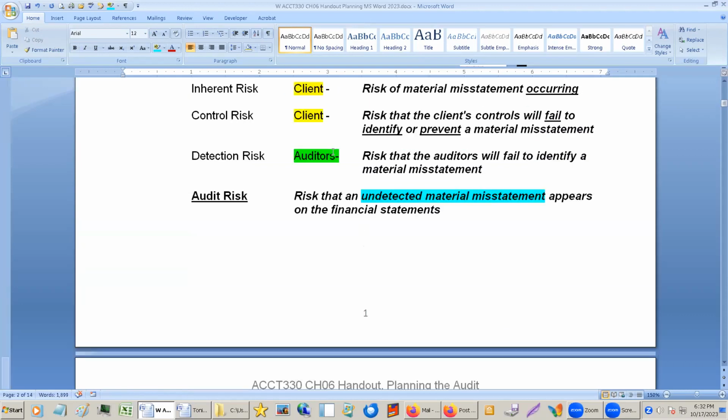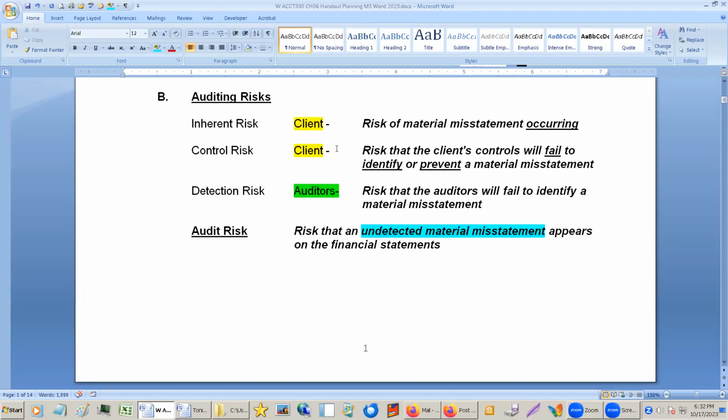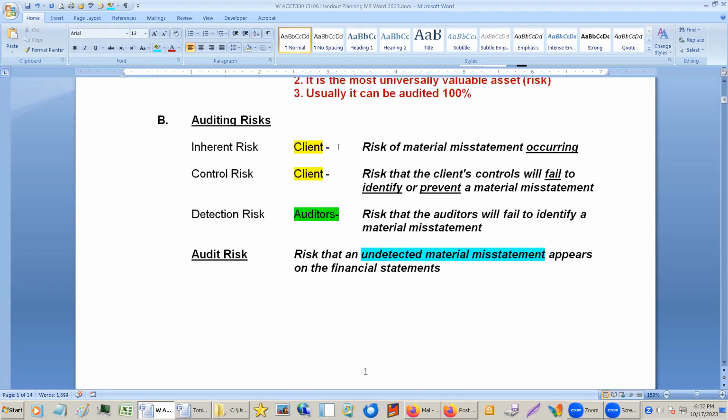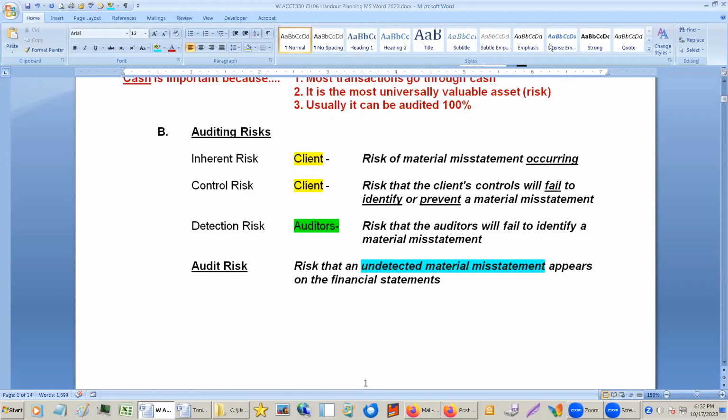I want to say one more thing about this inherent risk and control risk. The auditors have no control over inherent risk or control risk for a couple of reasons. But, and I'll talk about those in a second. The client is the only one that can control those two.